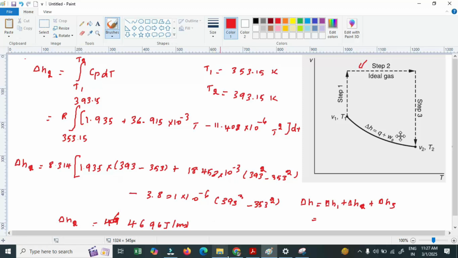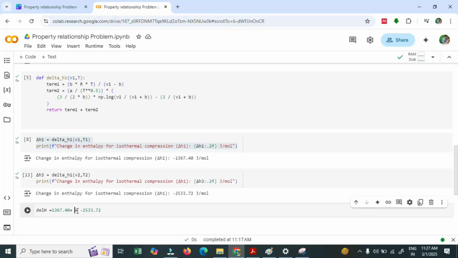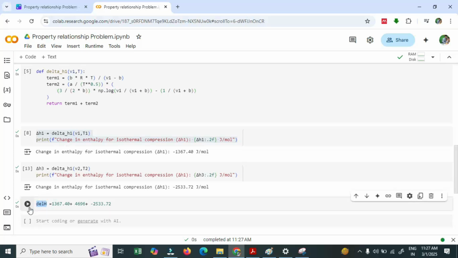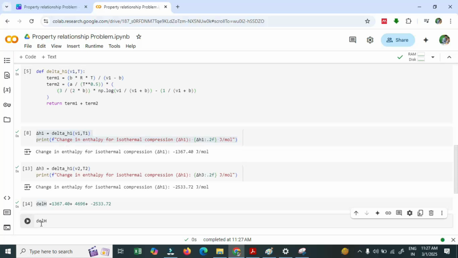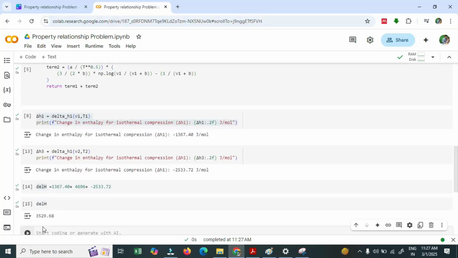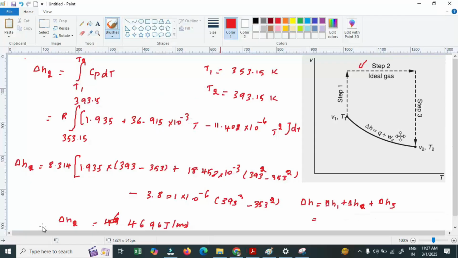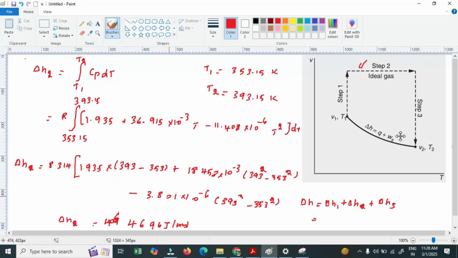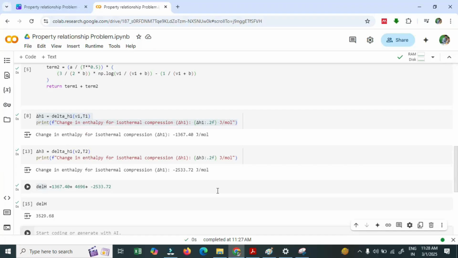My del H value will be, yeah, we'll get approximately 3529.6.